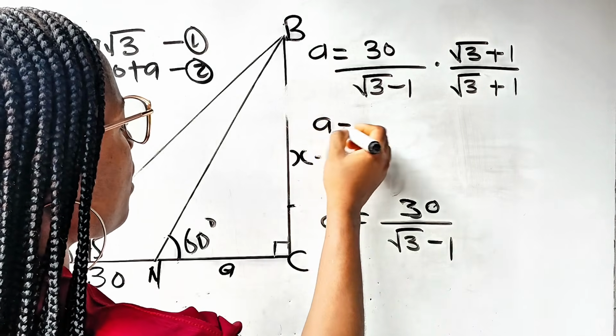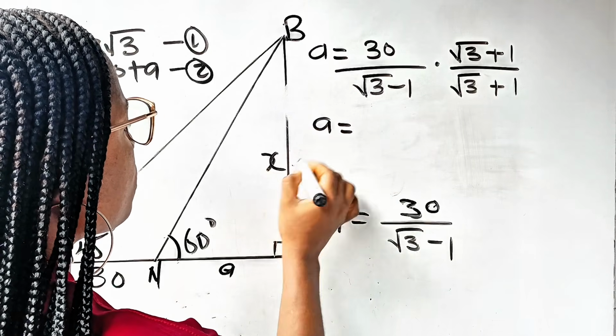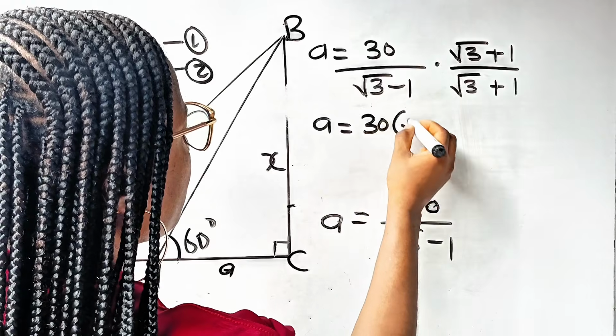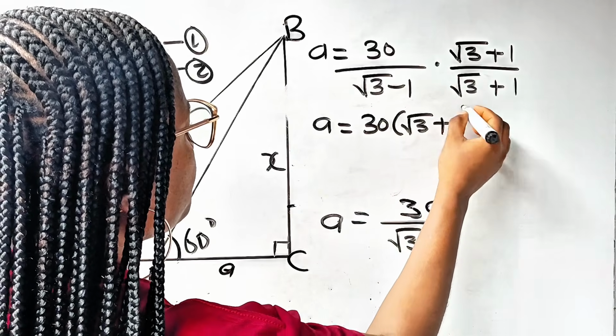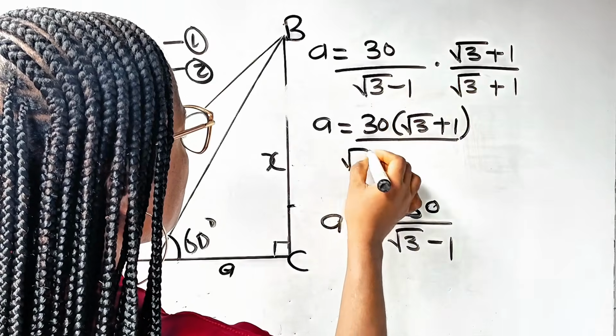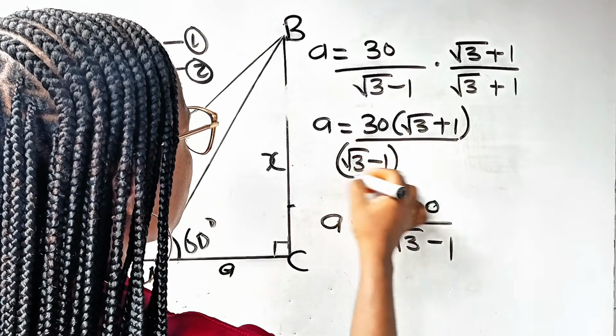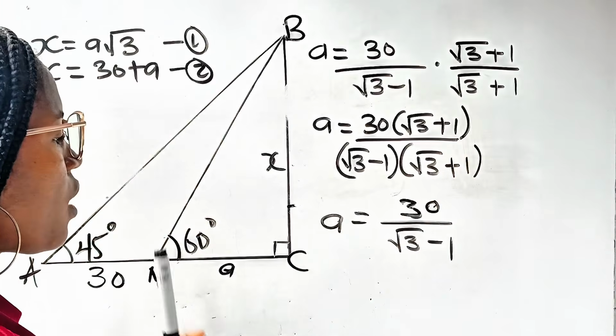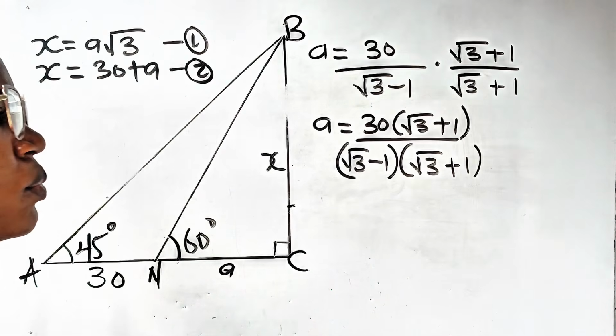Now we have A is equal to 30 times this, which is 30 brackets root 3 plus 1, divided by this multiplied by this, root 3 minus 1 multiplied by root 3 plus 1. Now, what are we doing?